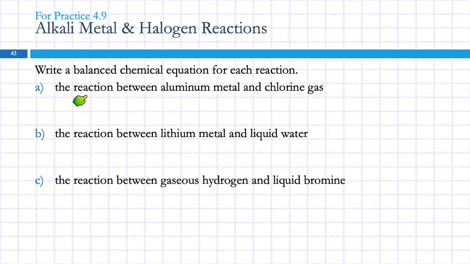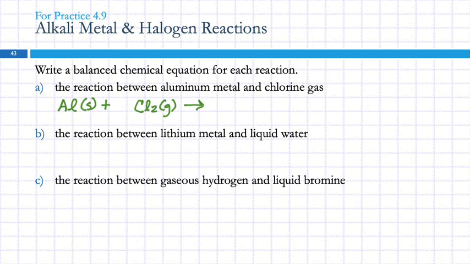It says, let's look for the reaction between aluminum metal and chlorine gas. So aluminum's a solid at room temperature. What's the formula for chlorine? Cl2. And it says it's a gas, also on the periodic table.